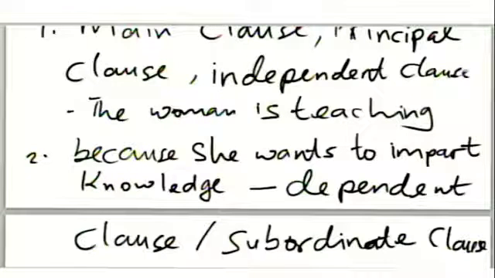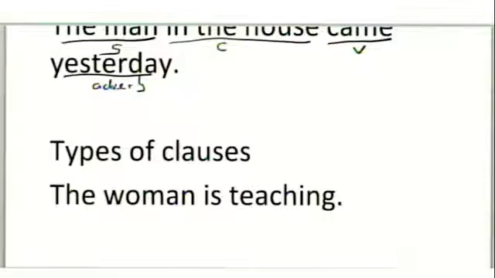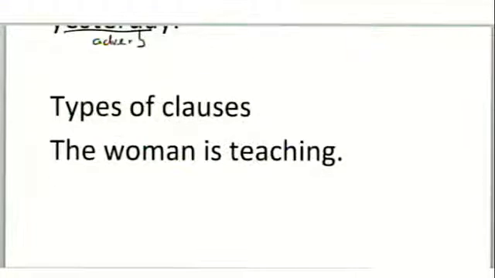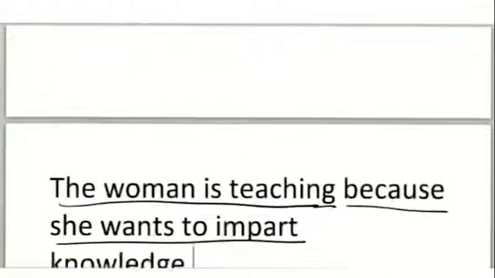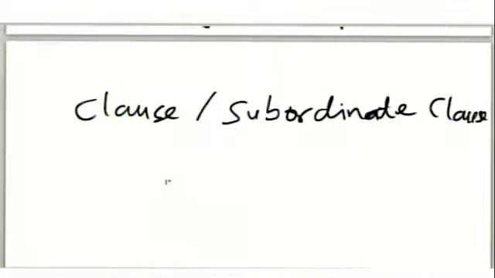And so going back to our second example, the woman is teaching because she wants to impart knowledge. Our main clause is the woman is teaching, and our subordinate clause is because she wants to impart knowledge.